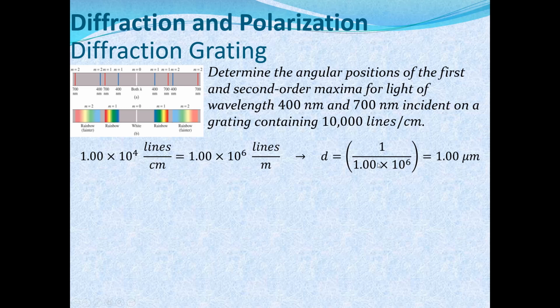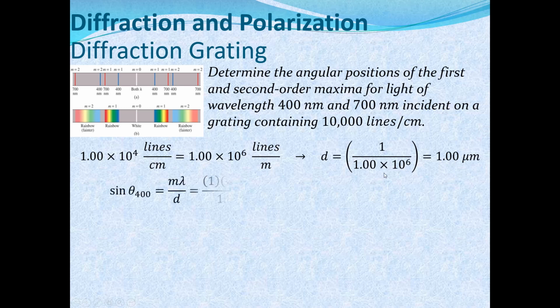All I did was convert the lines per centimeter to lines per meter by multiplying by 100. The distance between each slit is then the inverse, 1 divided by 1 times 10 to the 6, and in this case it ends up being 1 micrometer.